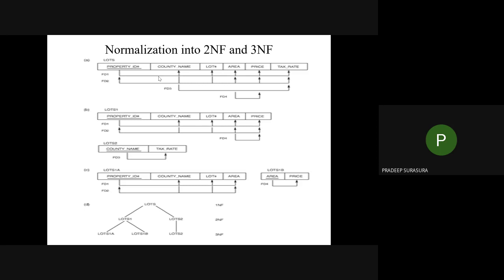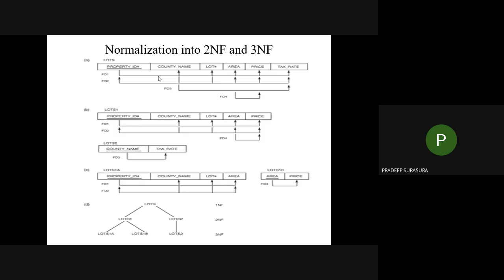Now this is very important. Try to understand what the key is. We understand that property ID, and country name with lot number, will act as keys. In normalization, we observe that the area and price FD will not affect second normal form, but tax rate will definitely create a problem with respect to country name, because that violates second normal form.